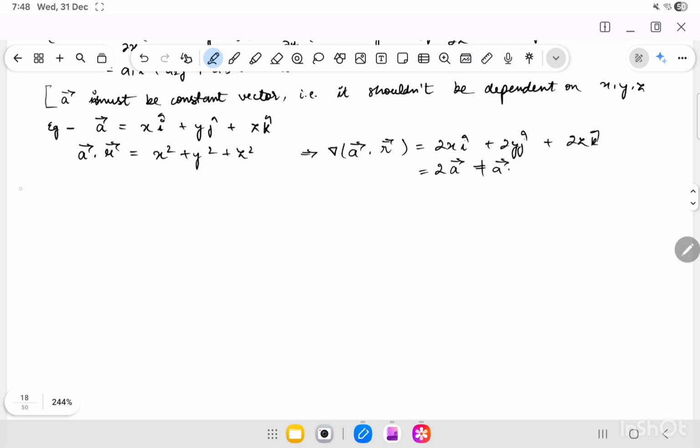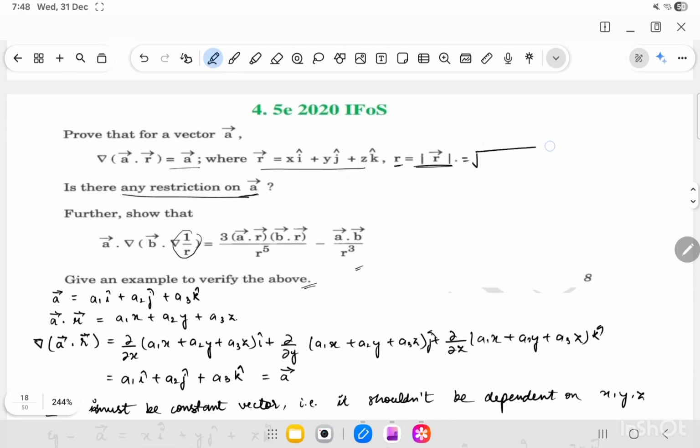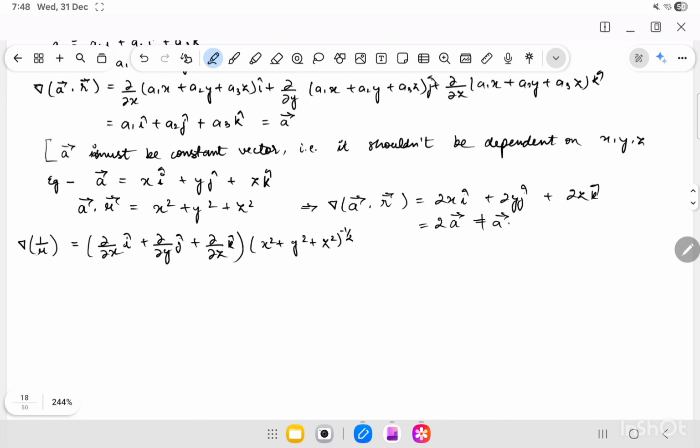So if I evaluate the gradient of 1 by r, it will be equal to del by del x i cap plus del by del y j cap plus del by del z k cap times x² plus y² plus z² raised to minus 1 by 2, because my r is equal to the absolute value of r vector, which is the square root of x² plus y² plus z². And since here we are evaluating the gradient of 1 by r, this term is basically 1 by r.